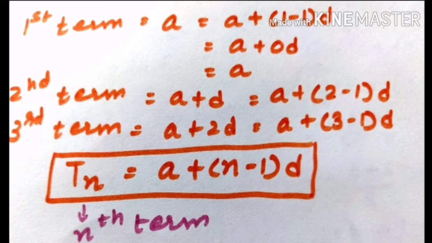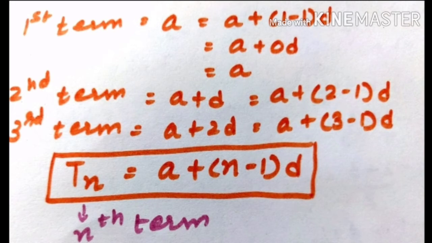Now to get the second term a plus d, we know this is our second term by adding the common difference to the first term. But how do we get it? As it is the second term, a plus 2 minus 1, the 2 being the term number, into d, it means a plus 1d, that is a plus d.